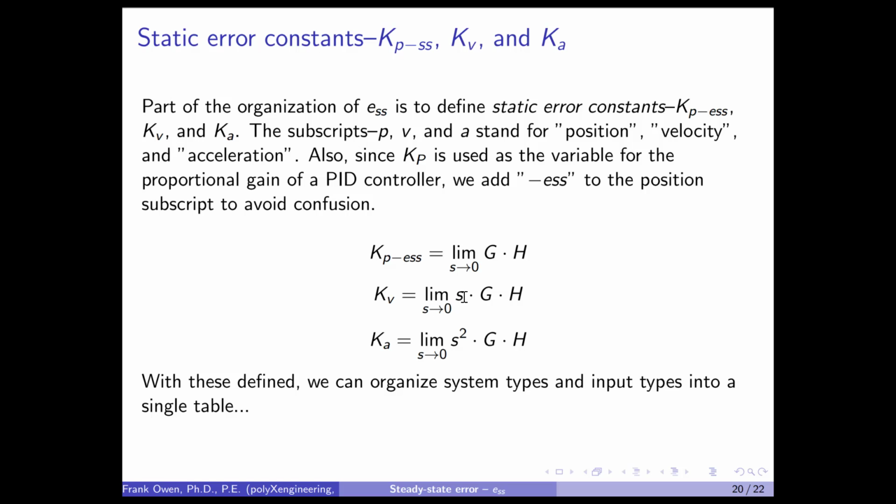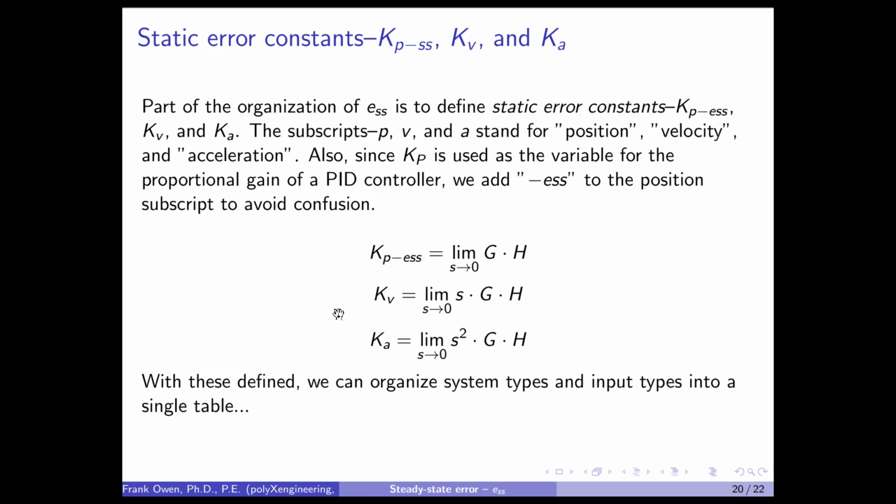You can see where the terminology comes from, because remember, multiplication by s in the s domain is the same thing as taking the derivative. So the velocity constant should be the derivative of the position constant, and the acceleration constant should be the derivative of the velocity constant. So here we start off with GH, then we have an s, and then an s squared for the acceleration static error constant.